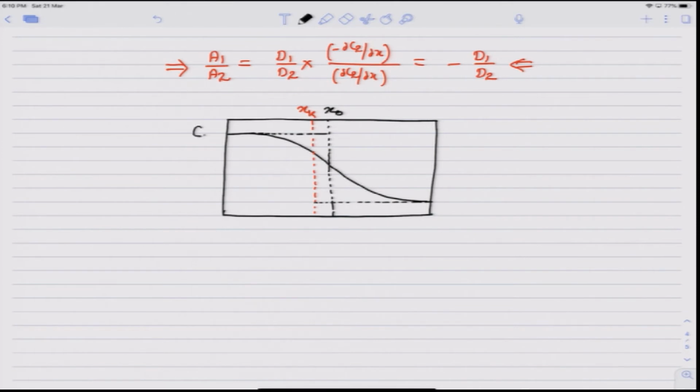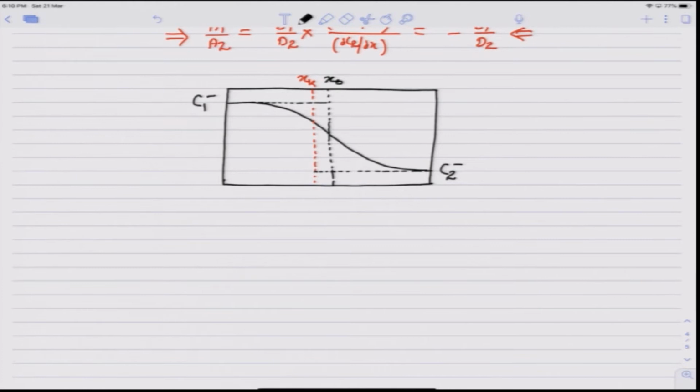So we have C1 minus as the left terminal alloy concentration, C2 minus as the right terminal alloy concentration, xk is the location of the marker plane, x0 is the location of the Matano plane. To get the areas, let me label these points A, B, C, D, E, F, G, H, I.